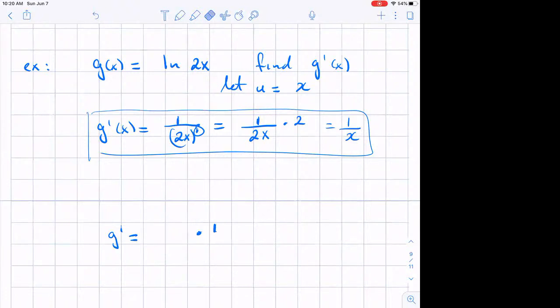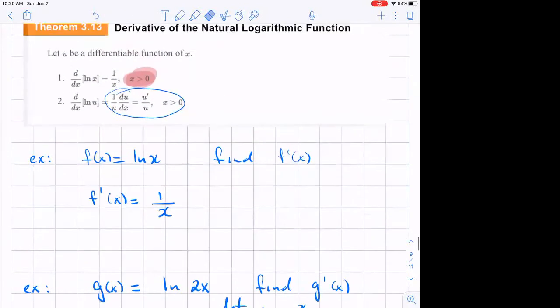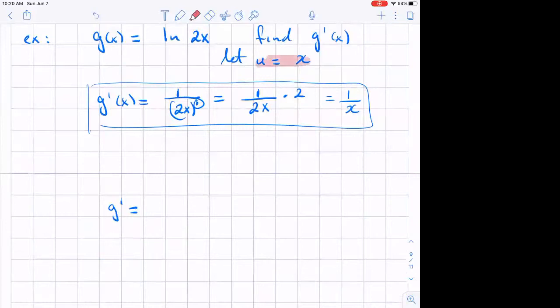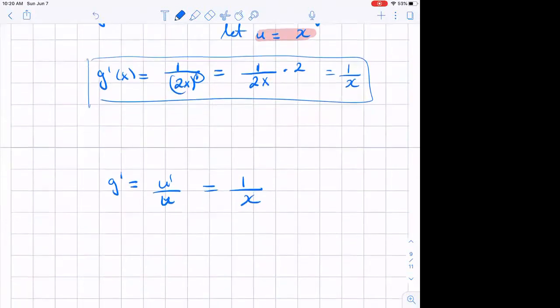Actually, this is equal to u prime over u, okay? So if u is equal to this, what's the derivative of x? U prime over u will be 1 over x. Okay. So you basically have to just try these problems and apply the rules that we have.